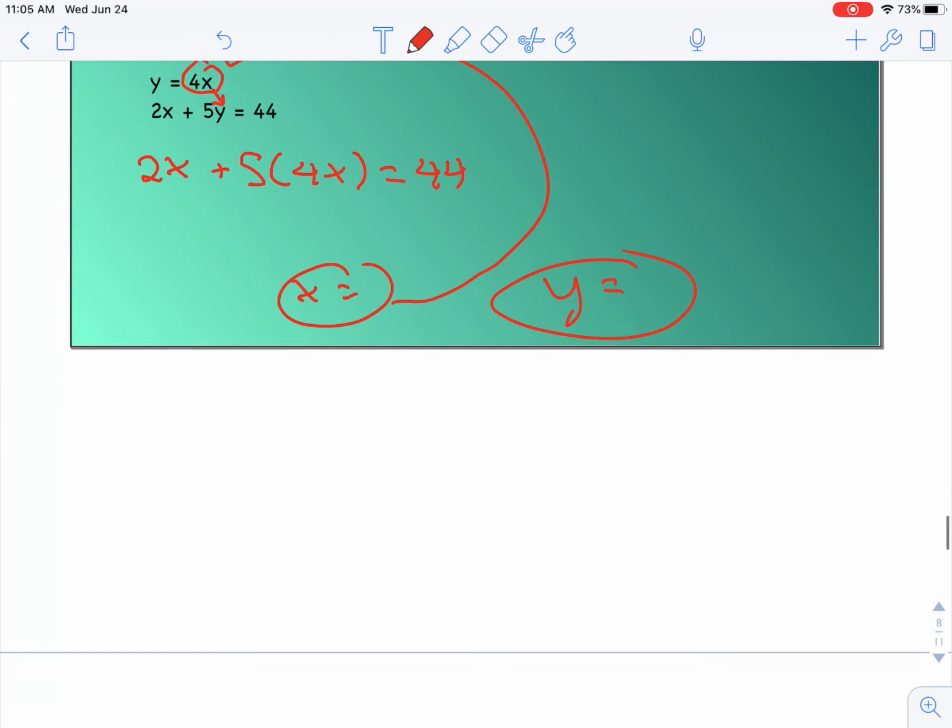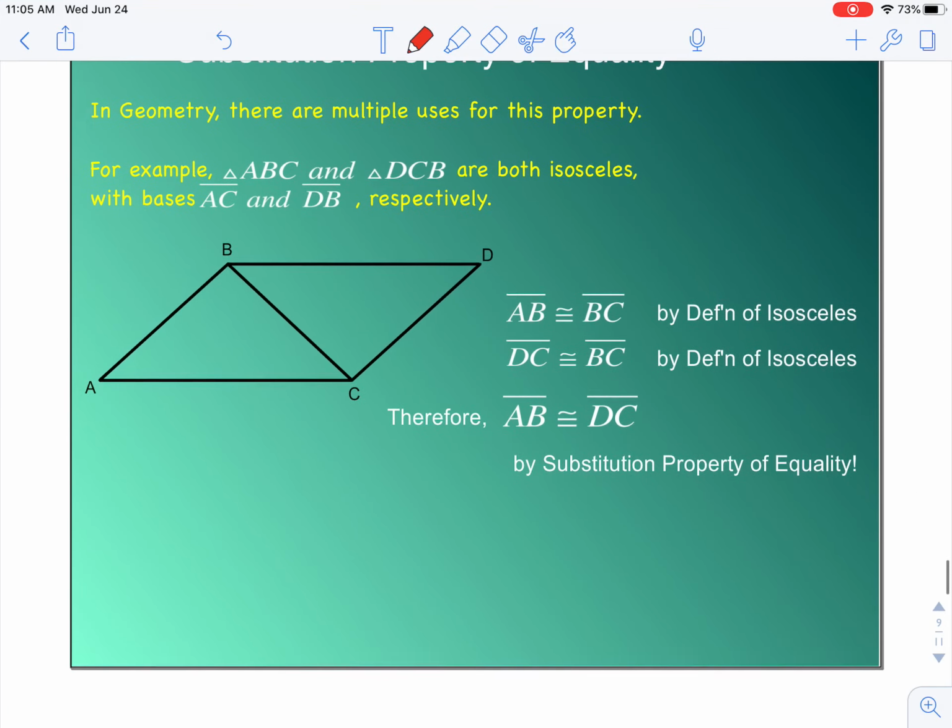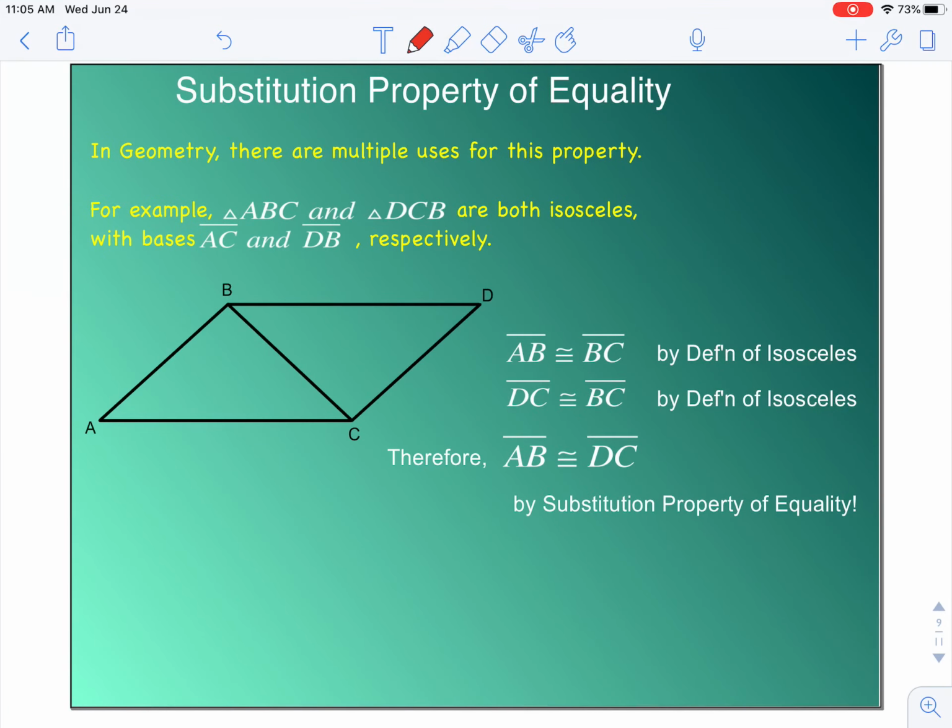That's what we do in algebra. So how is this used in geometry? In geometry, there are multiple uses for this property. For example, triangles ABC and DCB are both isosceles triangles with bases AC and BD respectively. If AC is the base of an isosceles triangle, then these legs are congruent to each other.